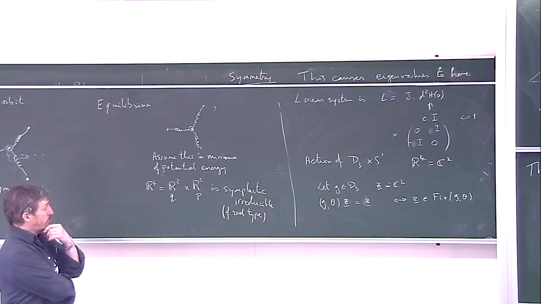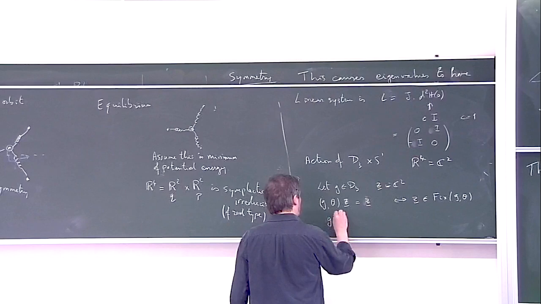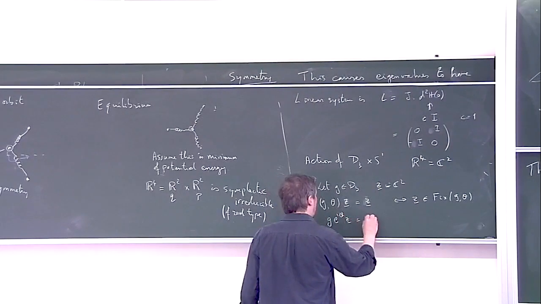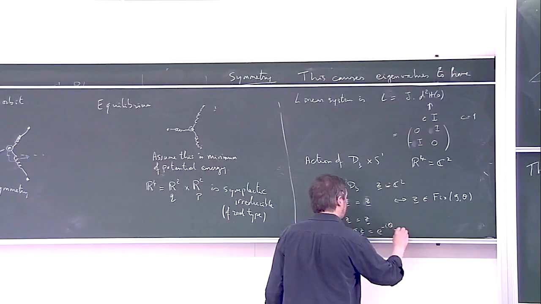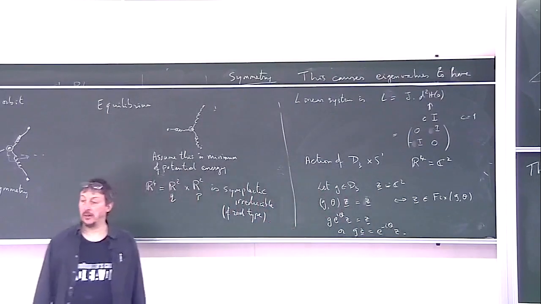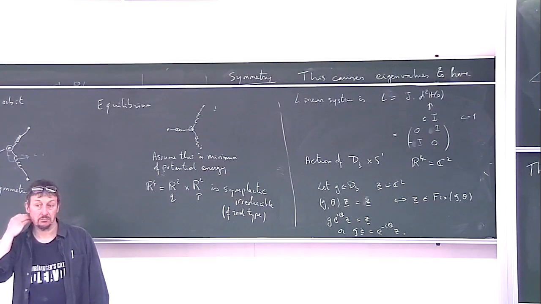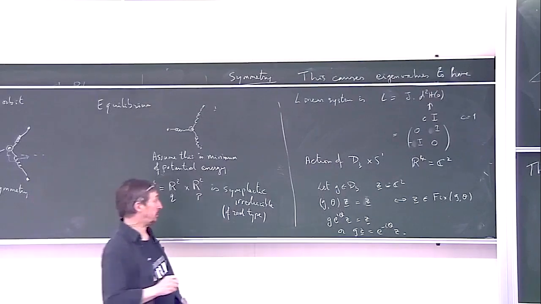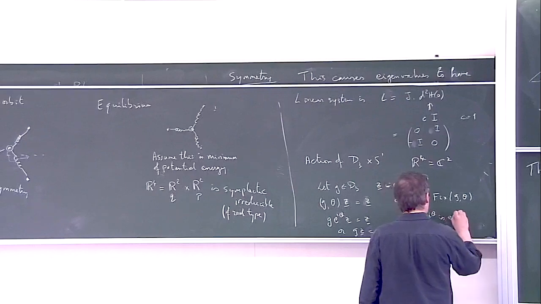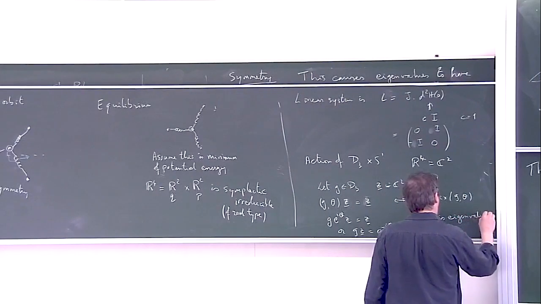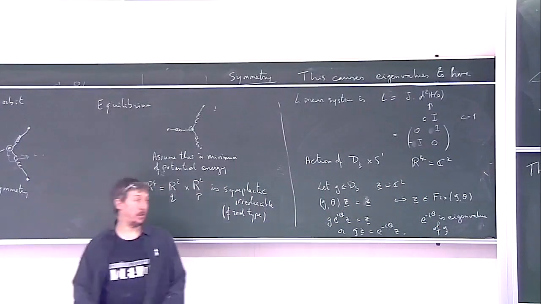That's what it means to be fixed. So this is G e to the i theta Z equals Z, or GZ equals e to the minus i theta Z. So that's just an eigenvalue problem for G. It's an easy calculation, first year linear algebra.